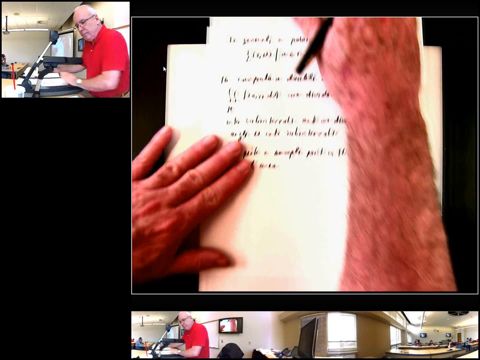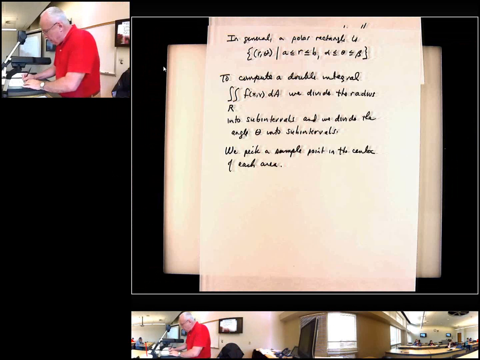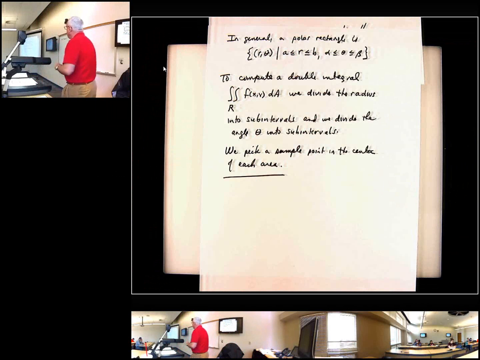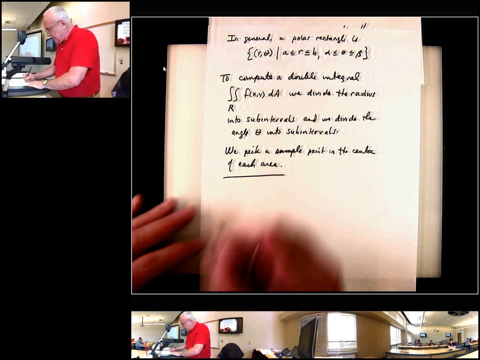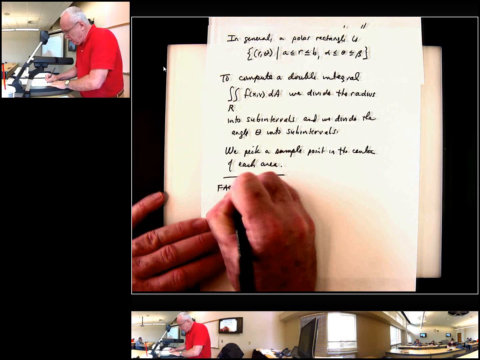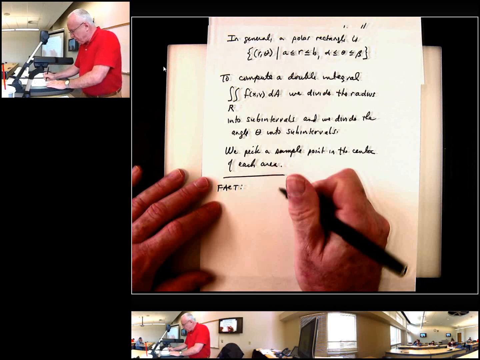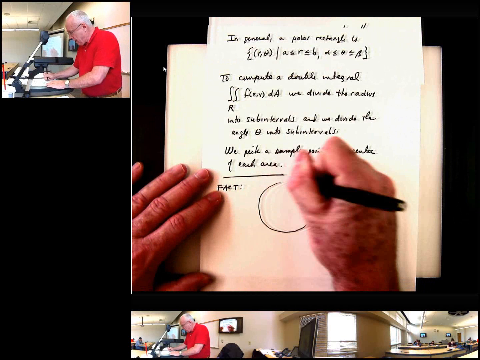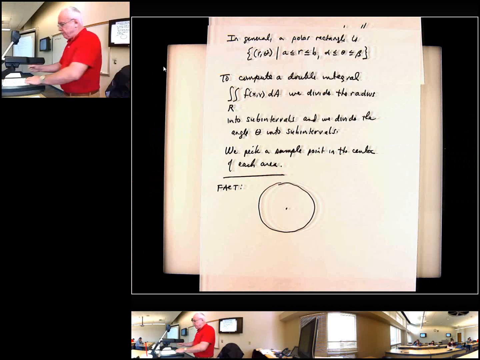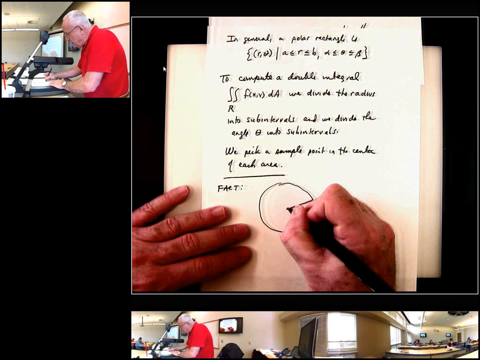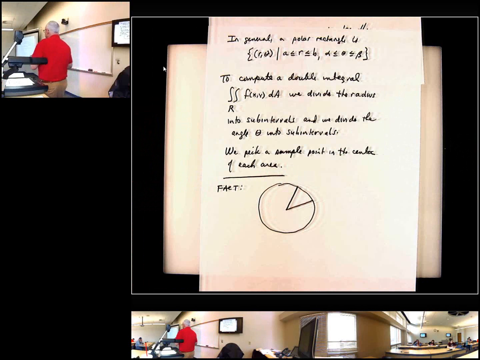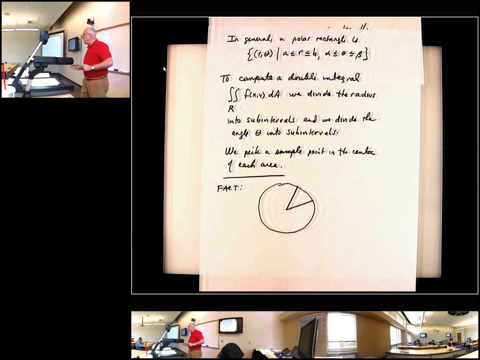Now, I want to mention one fact before we go any further with this, and this is something that you may or may not remember from either geometry or trigonometry. If we have a circle, and we've got the center of the circle, and we have what's called a central angle, that means an angle coming out from the very center of the circle going to the circumference.